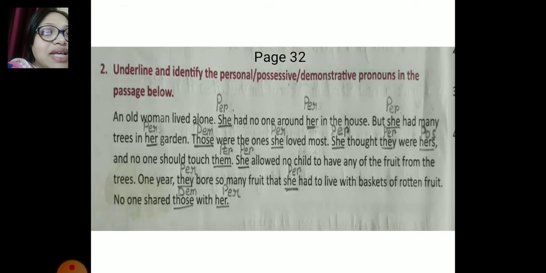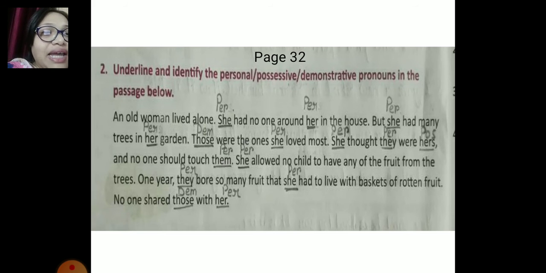Those were the ones she loved most. So those is a demonstrative pronoun and she is a personal pronoun. She thought they were hers. So she and they are personal, and hers is a possessive pronoun. And no one should touch them. So it's personal again. She allowed no children to have any of the fruit from the trees.